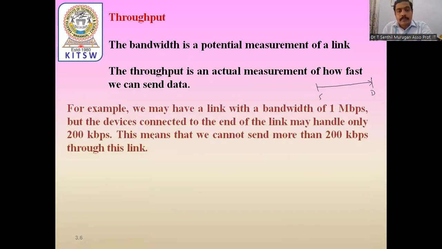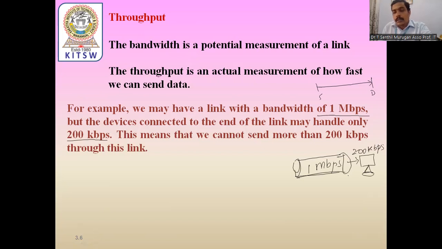For example, we may have a link with a bandwidth of 1 Mbps. The wire has the capability of sending 1 megabit per second, the entire cable's capacity. But the device connected to the end of the link may handle only 200 kbps.